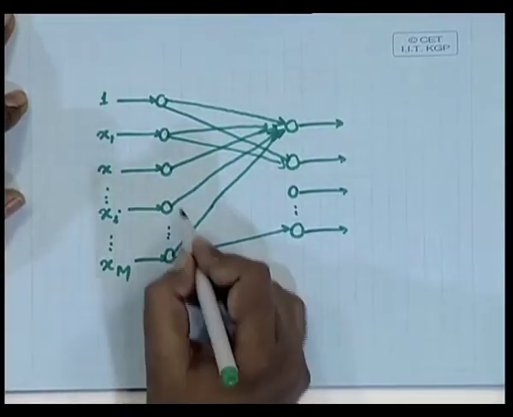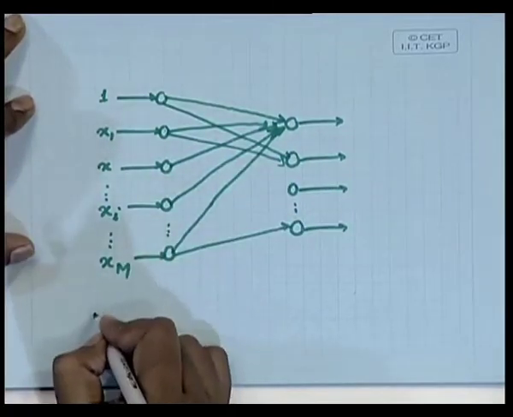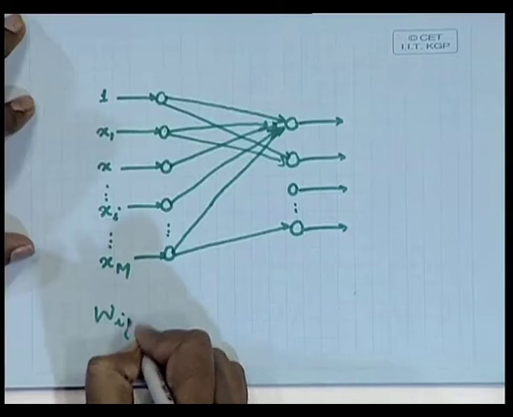I represent the connection weights as Wij.